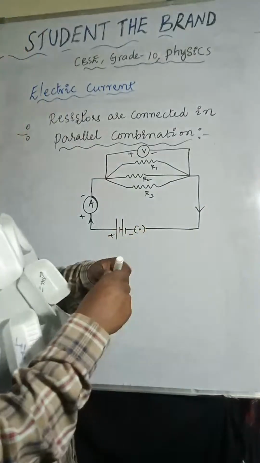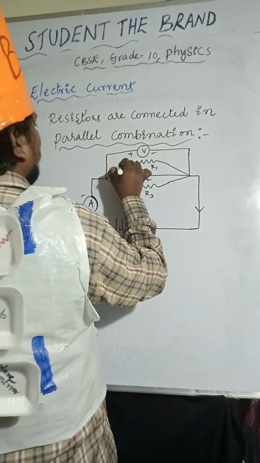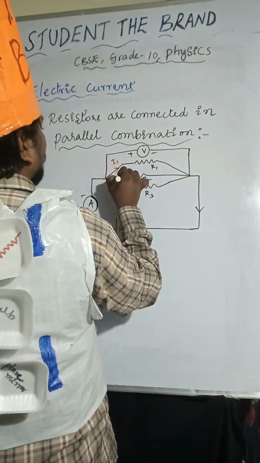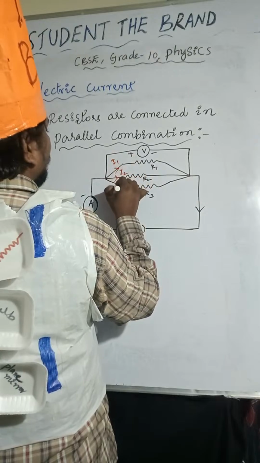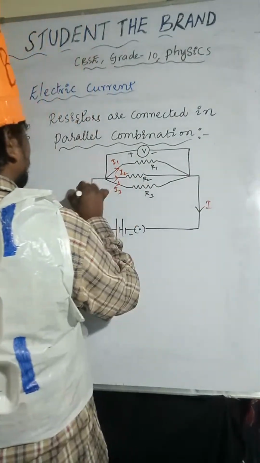Across them are I1, I2, I3, and here is I, and here also I.